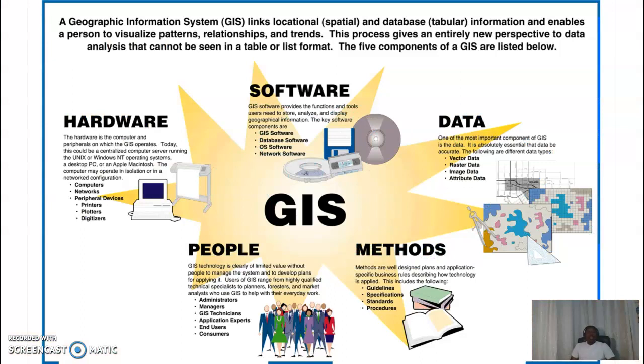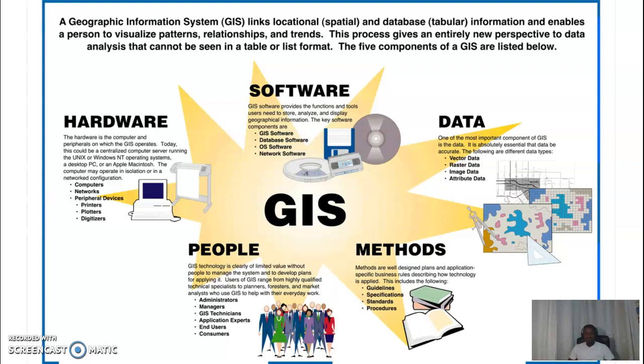A GIS can be thought of as a platform which helps to link spatial or locational information and database information, which enables a person to visualize patterns, relationships, and trends. This process gives an entirely new perspective to data analysis that cannot be seen in a table or list format.